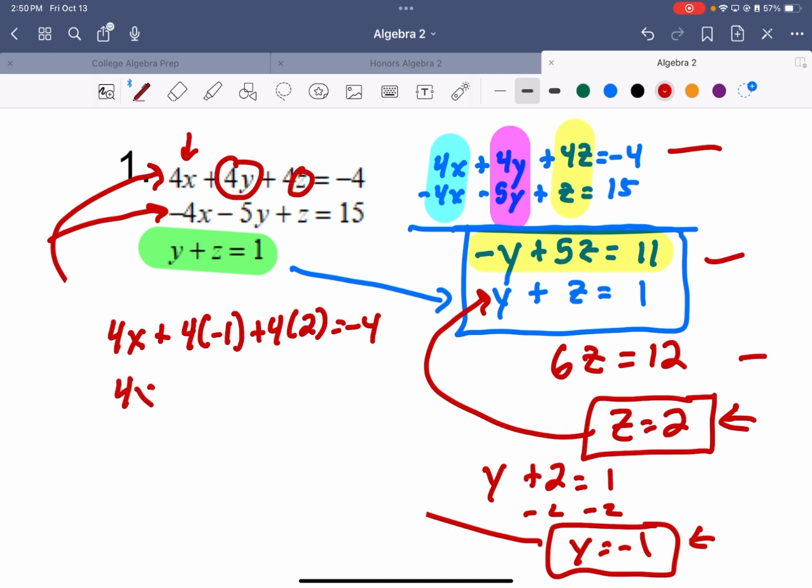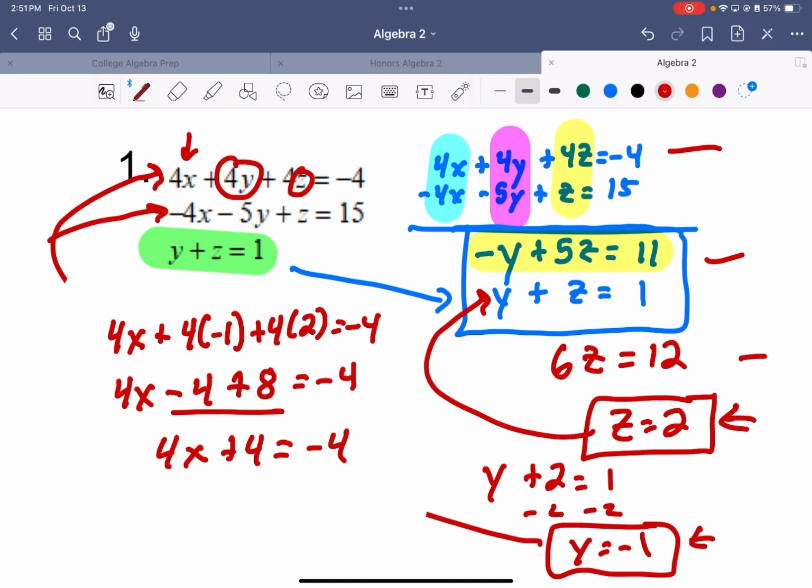Simplify. 4 times negative 1 is negative 4, so that's 4x minus 4. 4 times 2 is 8. That's got to equal negative 4. Negative 4 and 8 are like terms. So 4x plus 4 equals negative 4.